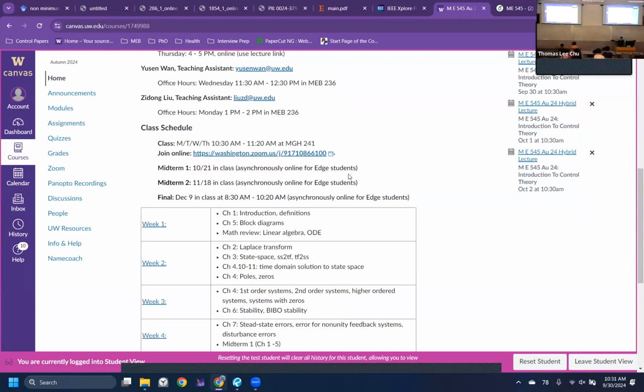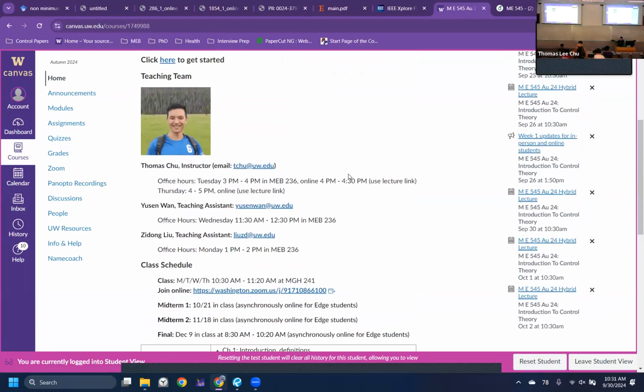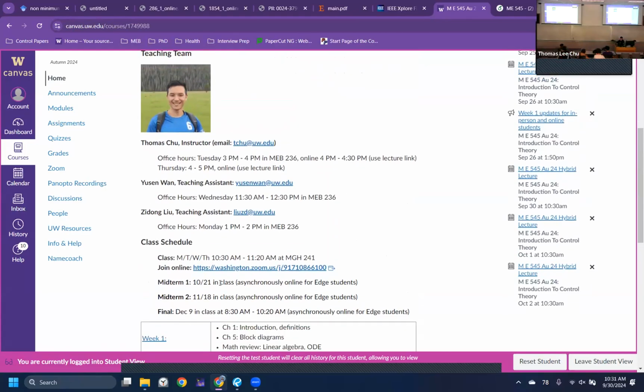And then one other thing I want to talk about is midterm 1 and midterm 2. These are going to be our dates for midterm 1 and 2. I will be posting an exam from last year that you can use as your practice for pacing, and I'll also post the solutions.